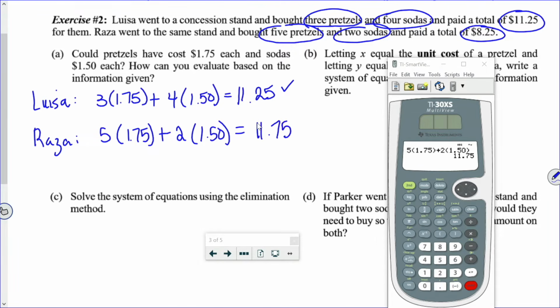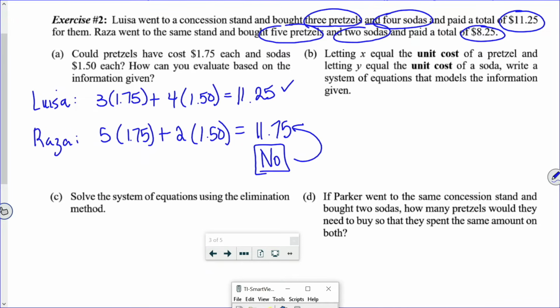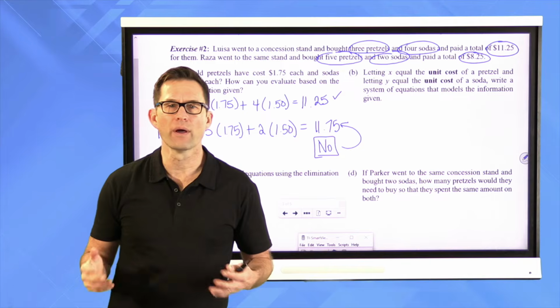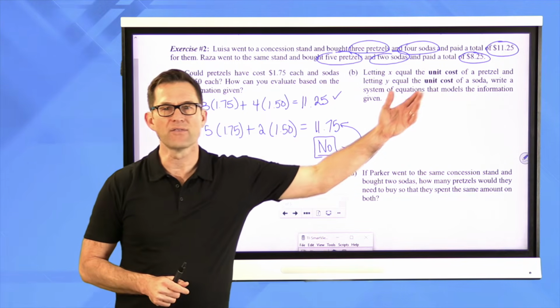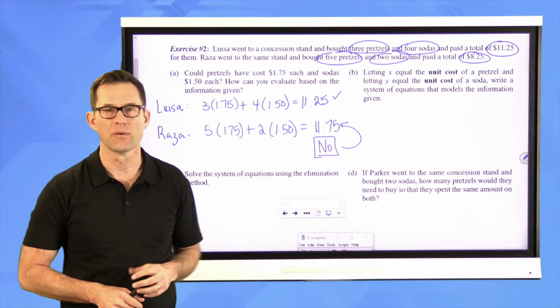Oh, no, that doesn't equal the 825. So although those could have in theory been the prices that Louisa paid, for Raza, he only spent $8.25, so those can't be the unit prices.